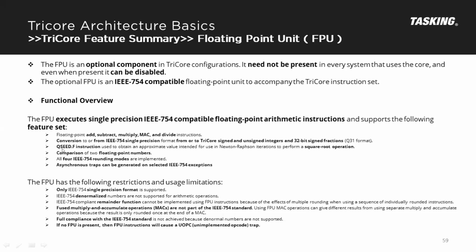You will also find the QSEED.F instruction, which is most probably helpful in the calculations for the square root operation. You can make comparisons between floating point numbers, and all the rounding modes available in IEEE 754. There are 4 modes, and they are already implemented. And traps will be generated on some selected IEEE 754 exceptions.